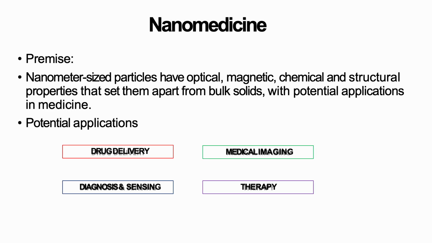So let's talk about nanomedicine, what it is going to bring to us. These are nanometer-sized particles that have optical, magnetic, chemical, and structural properties that set them apart from bulk solids, with potential applications in medicine. We can use them in drug delivery, as we see.